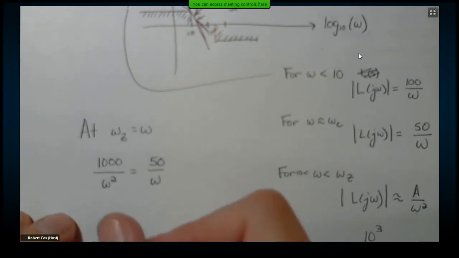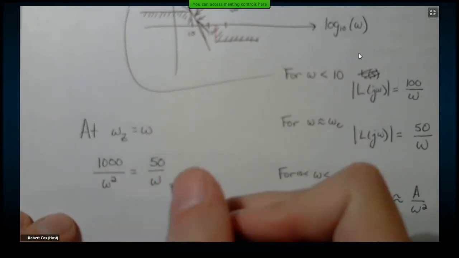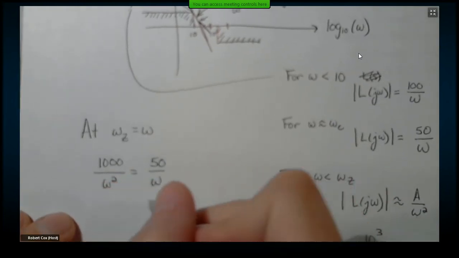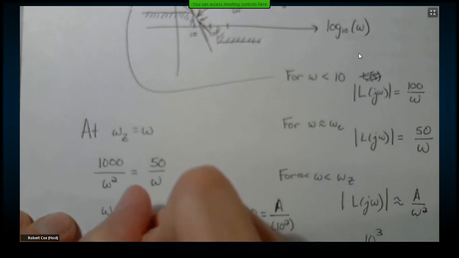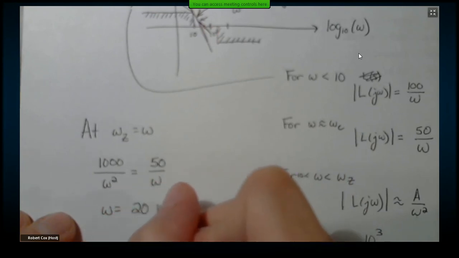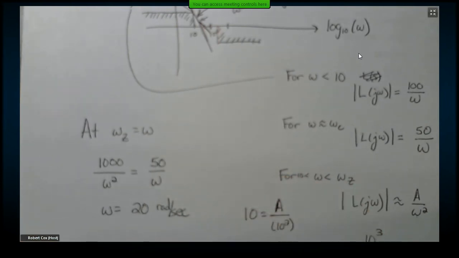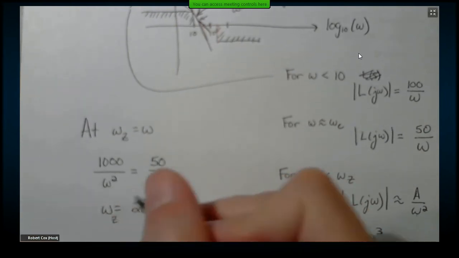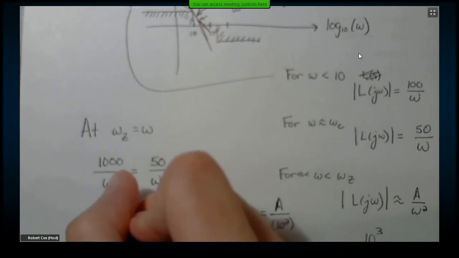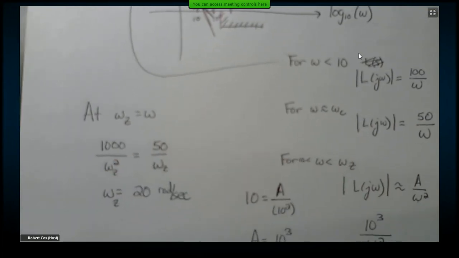So if I solve now, I get what? I get omega equals 20 radians per second. So in other words, my zero frequency, my zero must be located at 20 radians per second.